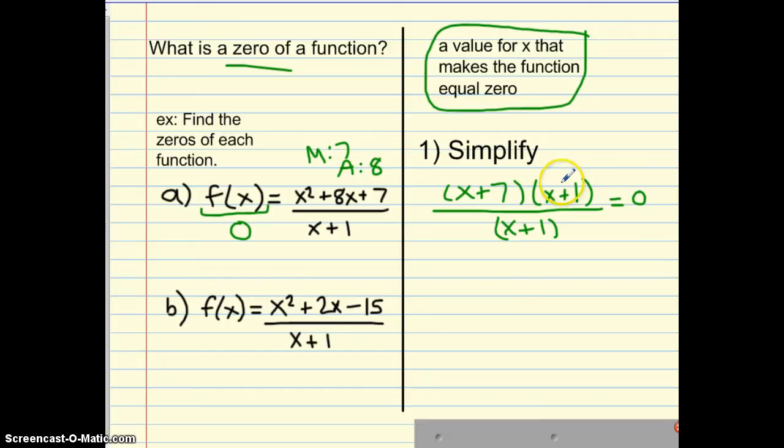Our x plus 1s are going to cancel out. So all I have left is x plus 7 equals 0, which would give me x equals negative 7 as my 0 for that function.